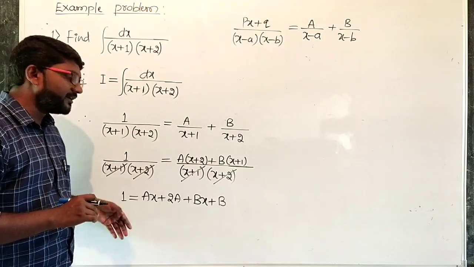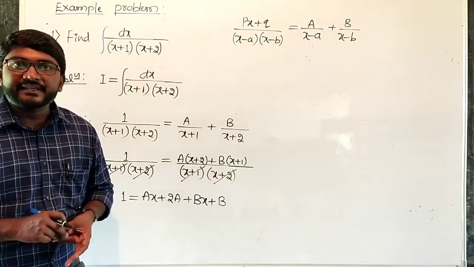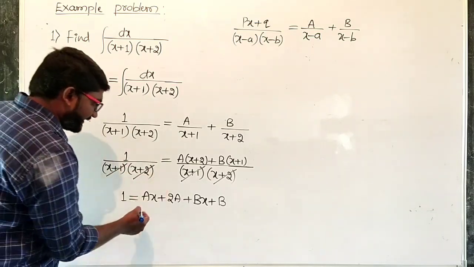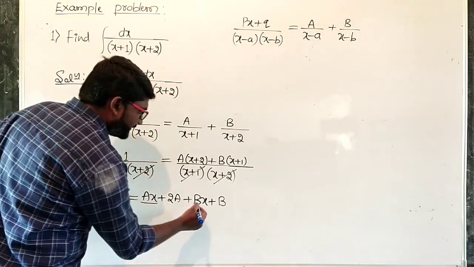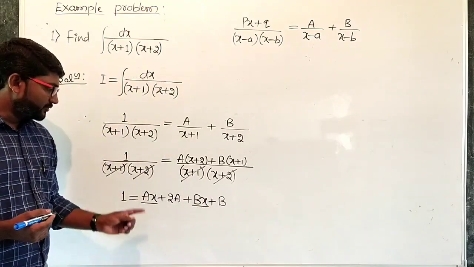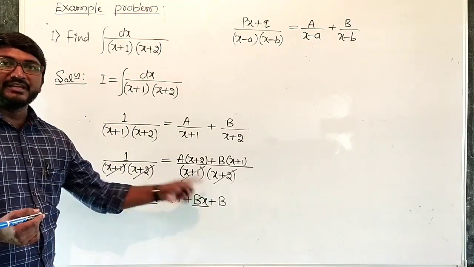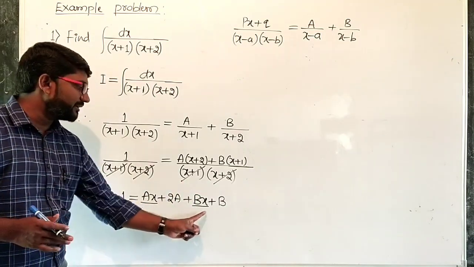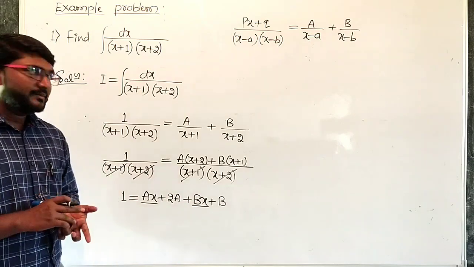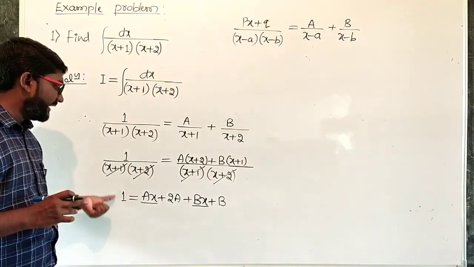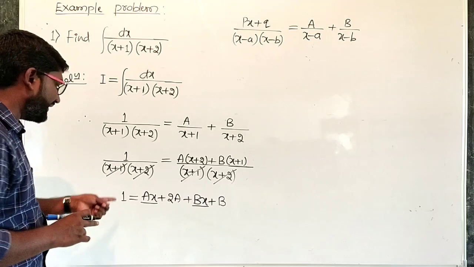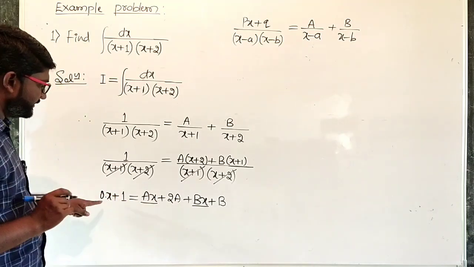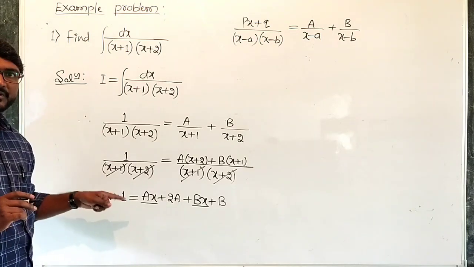Now we have to go for equating the coefficients of x and the constant terms on both sides. See here on the right hand side, the coefficient of x: search for the x terms. We have ax and then bx. So this can be written as (a plus b) into x if you take x common between these two terms. And what is the x term on the left hand side? x is missing, so I can write 0 into x plus 1.